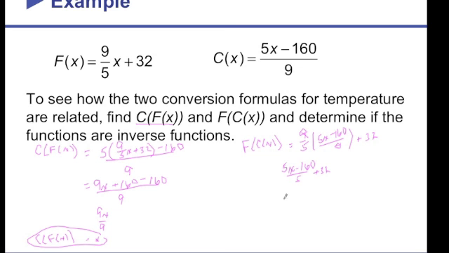We can divide here and get x, and divide here, minus 32, plus 32. So now we found that f of c of x also equals x. Because this worked both ways, and it has to work both ways, these are inverse functions. So yes, they are inverse functions.